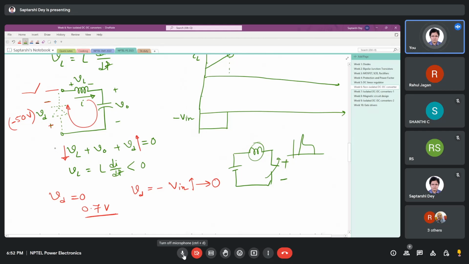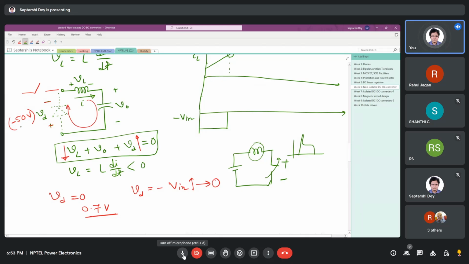This equation must hold good always. So if you have a large negative value of VL, VO cannot change that fast. So to make this equation valid, VD must increase.